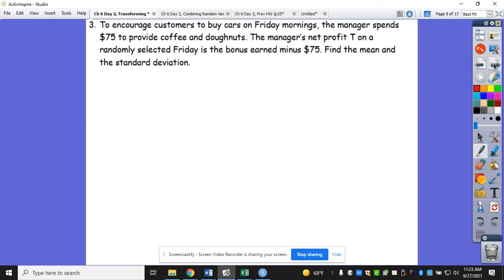Alright, so now here we're building off of it again. So to encourage customers to come on Friday mornings, the manager spends $75 to provide coffee and donuts. So now they're taking their bonus earned from number 2, and this one literally says minus. It shouldn't have needed to tell you minus 75 there to realize you're subtracting $75.